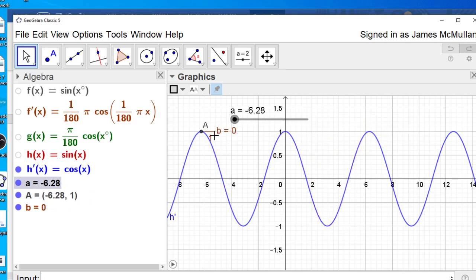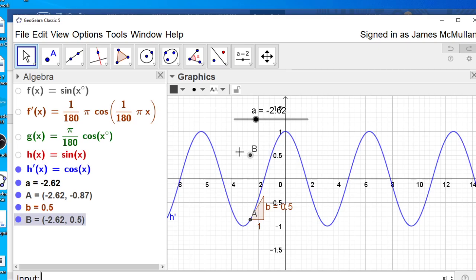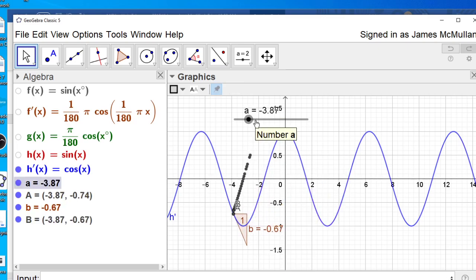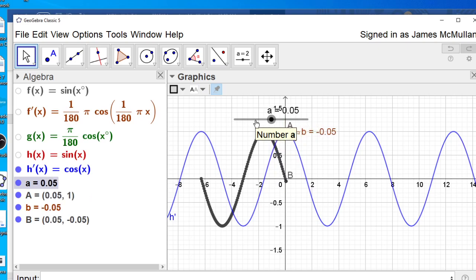Let's trace the derivative. I'm going to make another point called B. It's going to have the x value of A, but as its y value, it's going to have that slope. Right now it has a positive 0.5. Now when you trace this, the derivative is definitely a perfect trigonometric function.